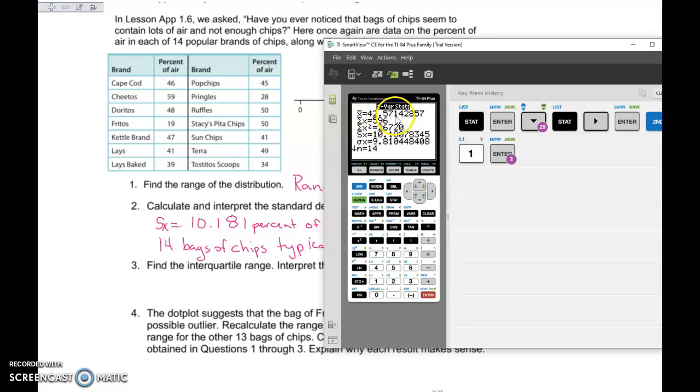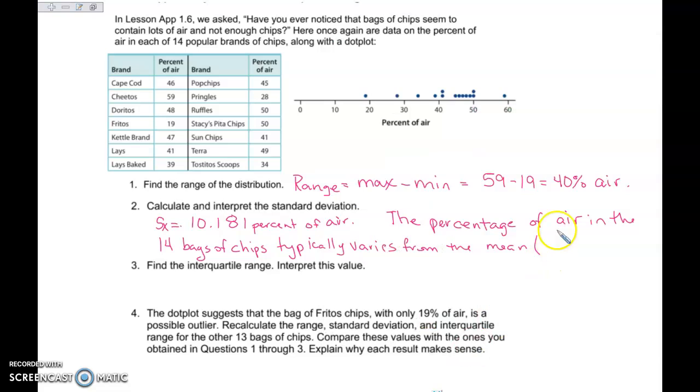The mean was 42.57, by about 10.181% air.